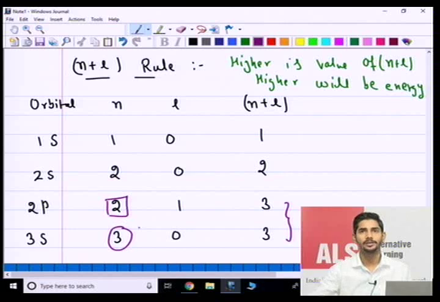Please copy this and confirm with me once. Is it clear to you? Anyone has got any doubt or confusion in this one? Shillong can raise their hand. Okay. Please copy this.